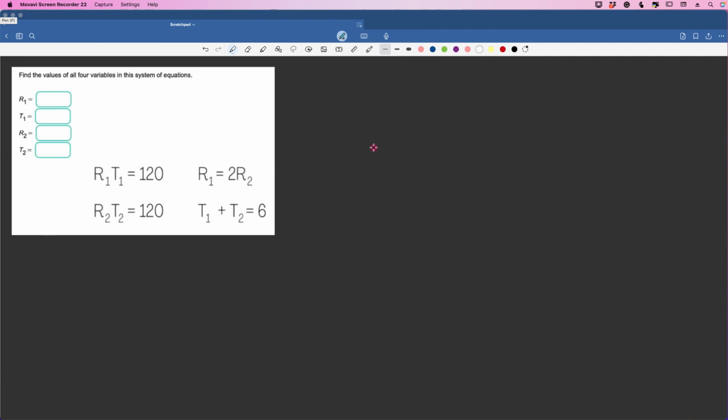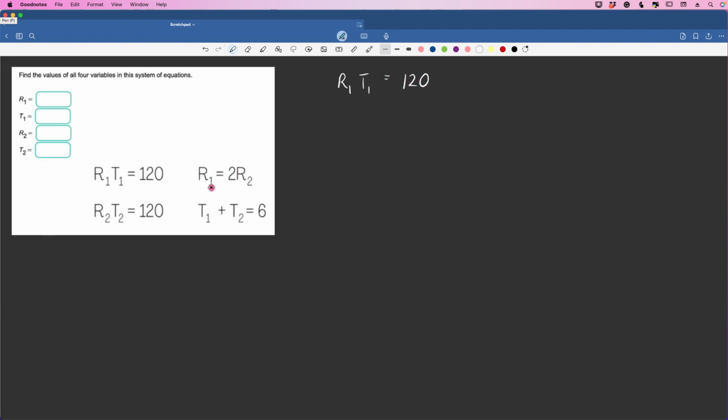All right, so here's the other one. We got R1, T1, R2, T2. So we are given R1T1's value, and so that means we're going to solve using R1, T1. So R1, T1 is 120.